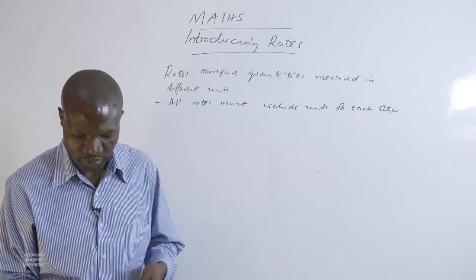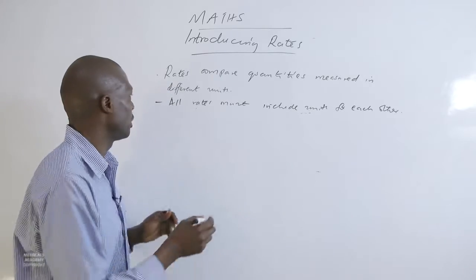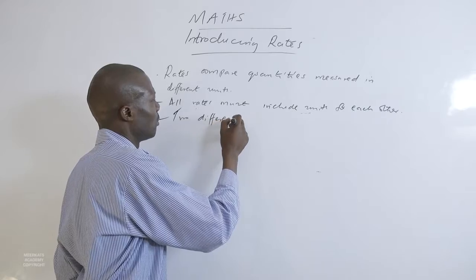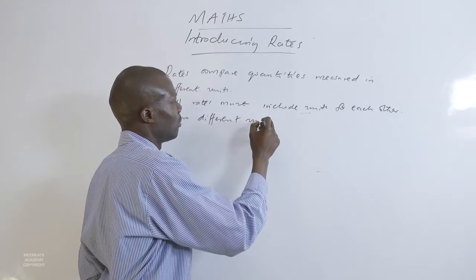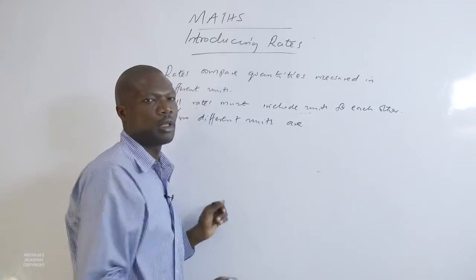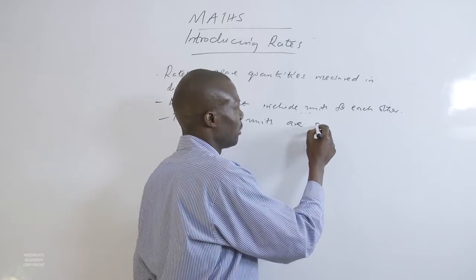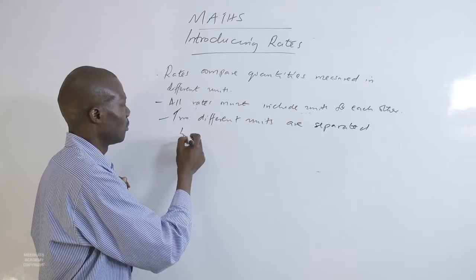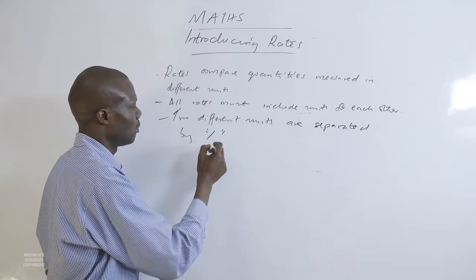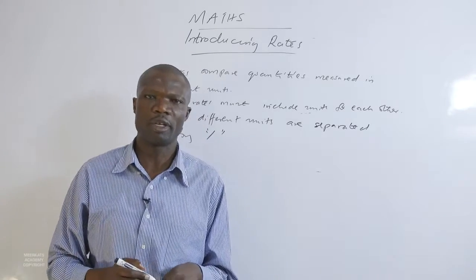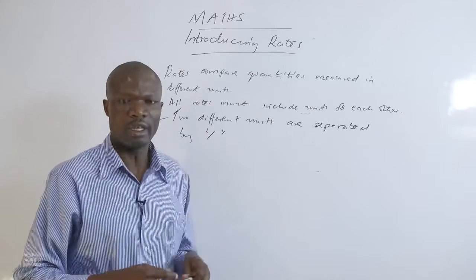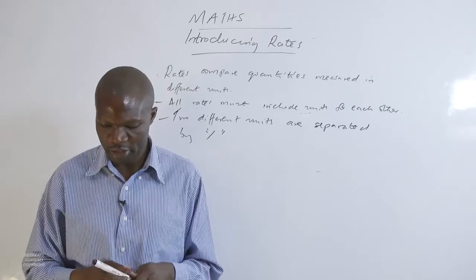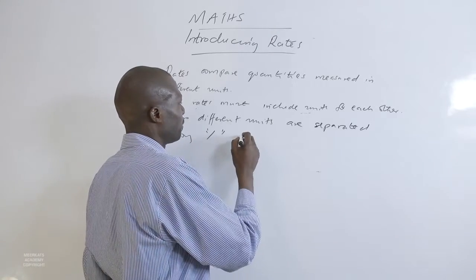Also, when we have two different units, they are separated by a mathematical symbol like that, which means per.